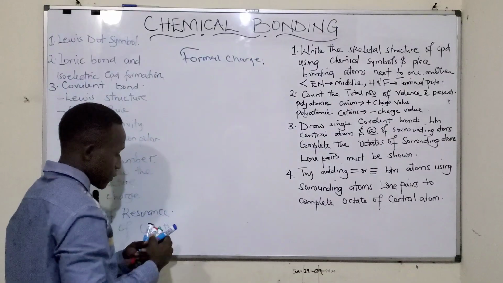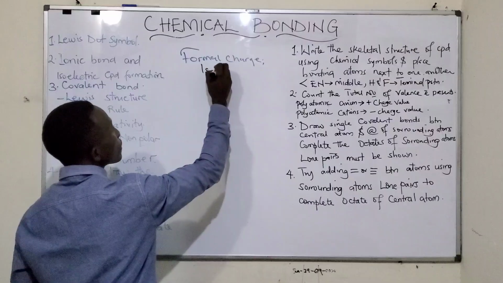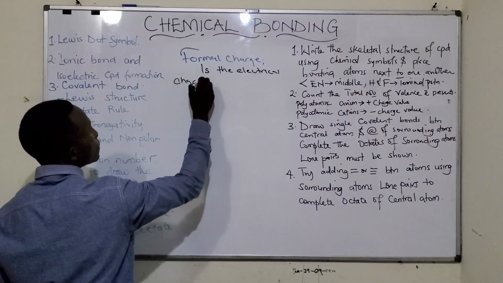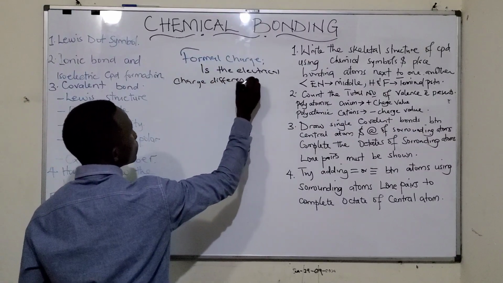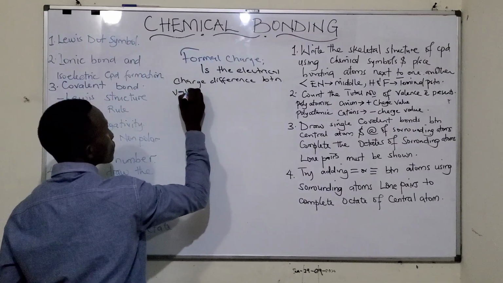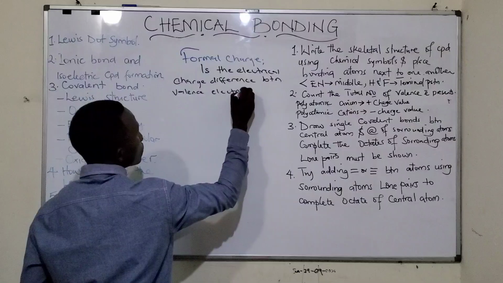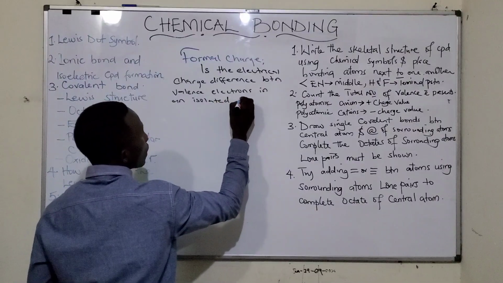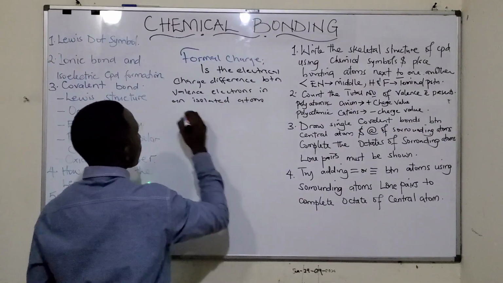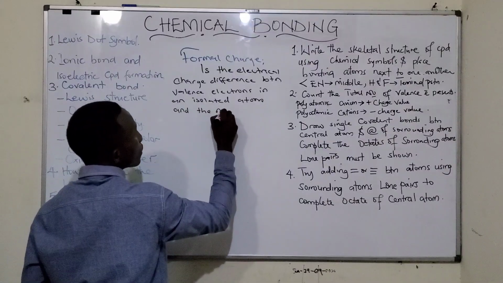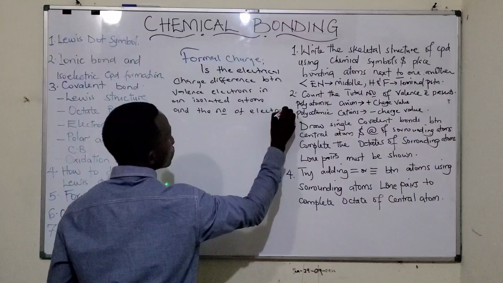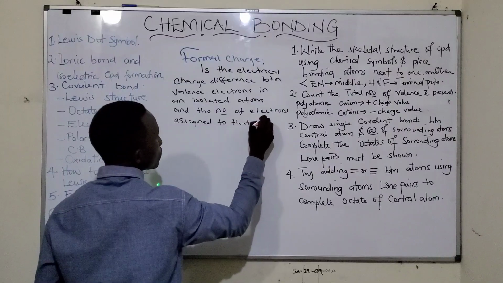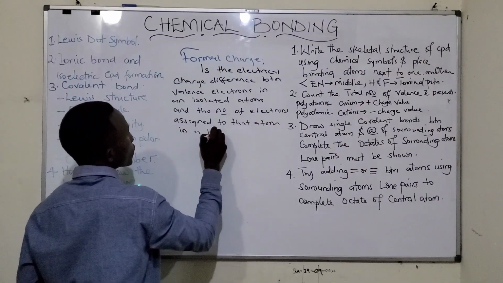What's a formal charge? Formal charge is the electrical charge difference between valence electrons in an isolated atom and the number of electrons assigned to that atom in a Lewis structure.